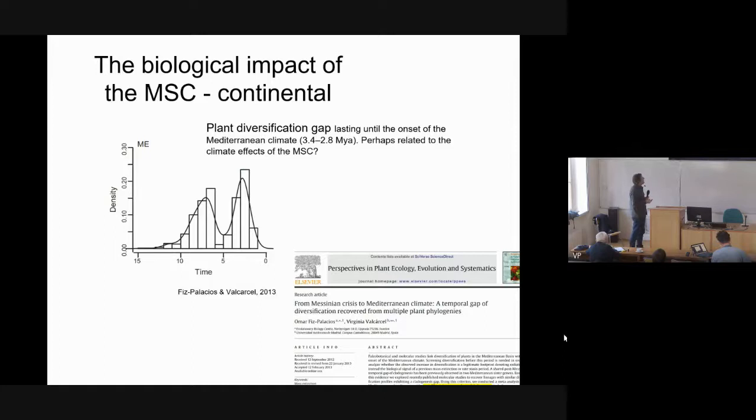As for the biological impact, I will show these three. First, this gap in the plant diversification that starts exactly around 5 to 6 million years ago, and that has an impact on the diversification of plants around the Mediterranean that lasts until the formation of the present-day Mediterranean climate.